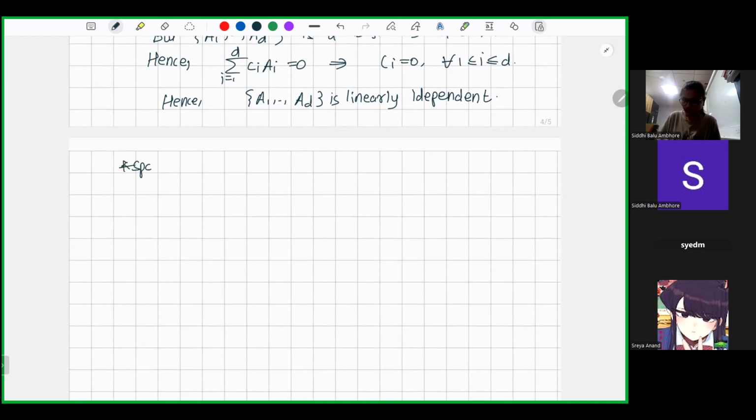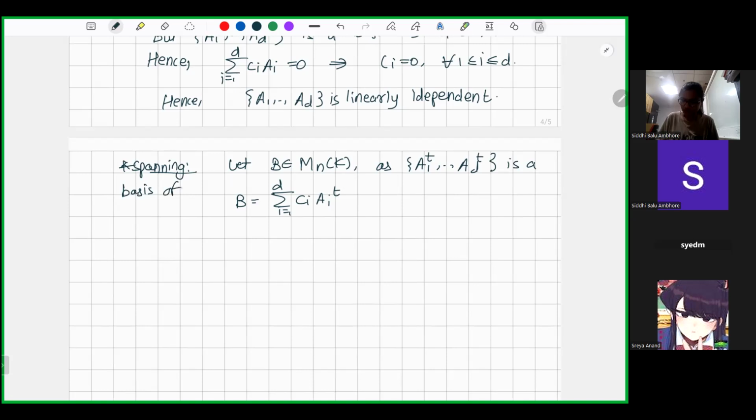Again, the spanning part, quickly we will go. Let B belong to MNK, and so B is equal to summation Ci Ai transpose, i from 1 to D, as A1 transpose to AD transpose is a basis of MNK implies this.